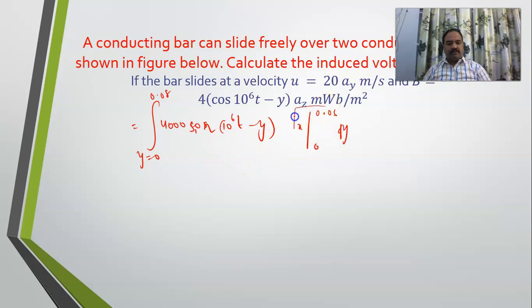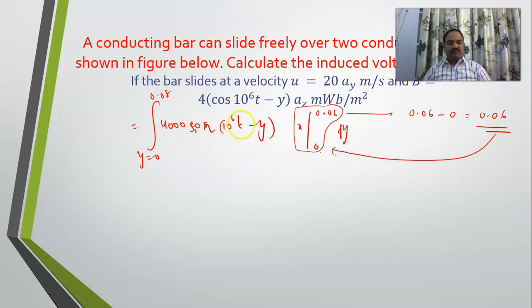So this component, if you carefully see, is nothing but 0.06 minus 0, it is 0.06 only. So if I substitute 0.06 here, what will I be getting? 4000 into 0.06 is 240, right? 240 sine 10 power 60 minus y into dy, where y is from 0 to 0.08.